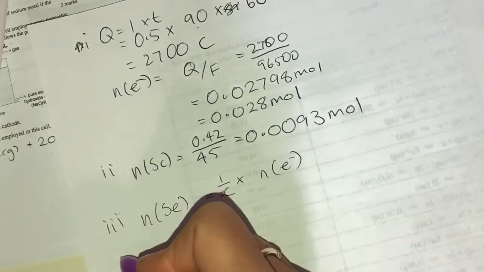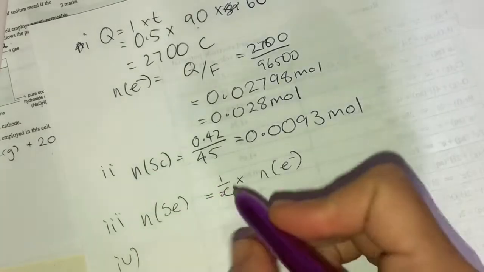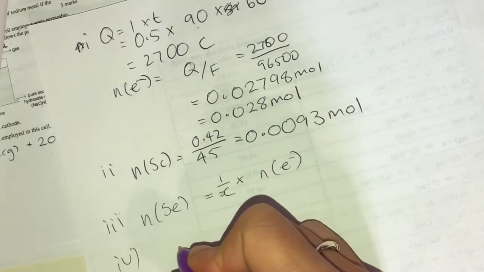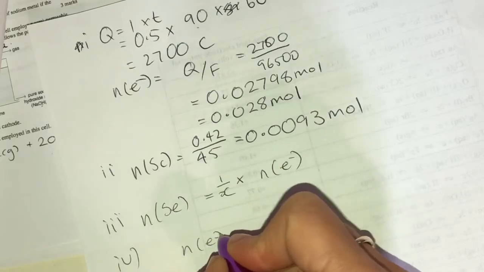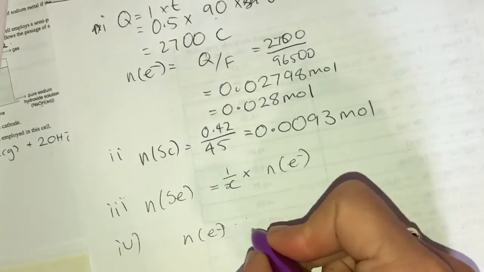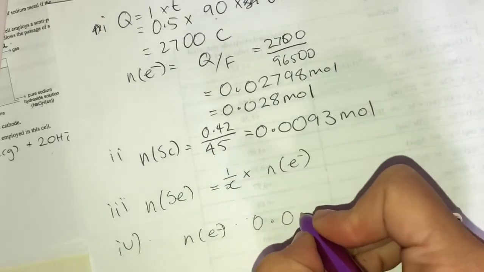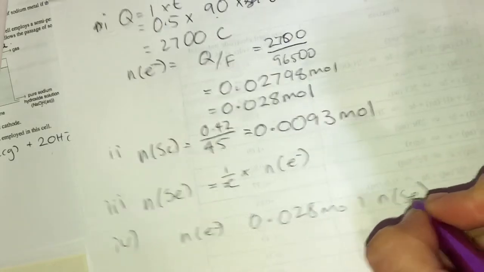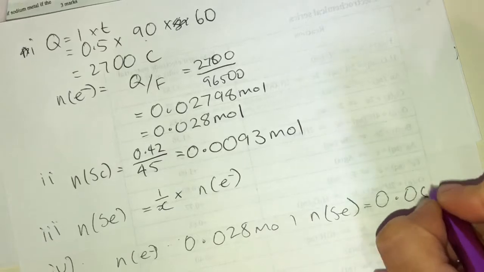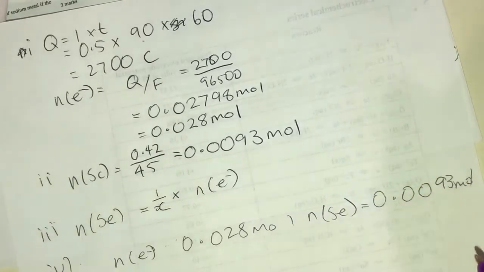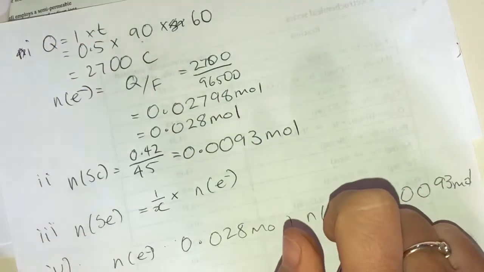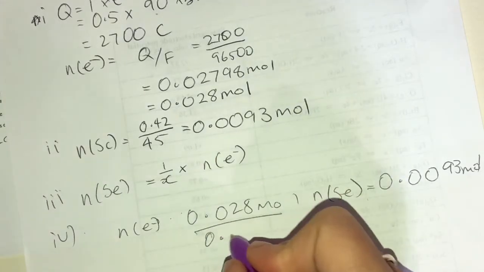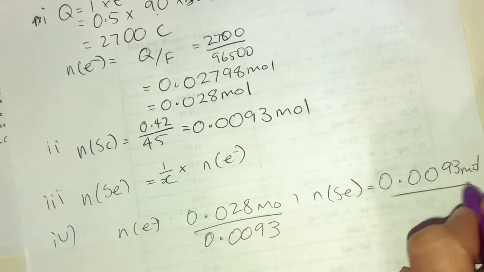Okay, so the value of x is the ratio. Moles of electrons is equal to 0.028, and the moles of scandium is equal to 0.0093. So what's this mole ratio? Well, applying the knowledge from an empirical formula, we will divide by the smallest. So we'll divide both sides by 0.0093.